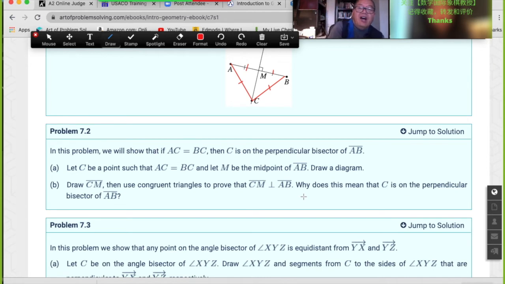So now can you prove CM perpendicular to AB? Why does this mean that C is on the perpendicular bisector of AB?